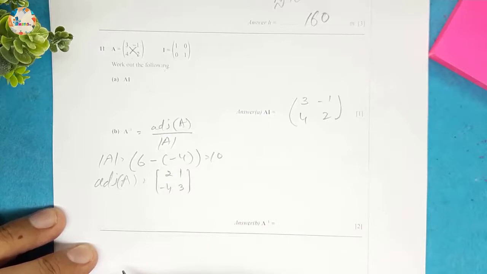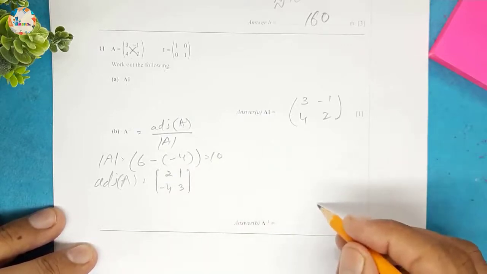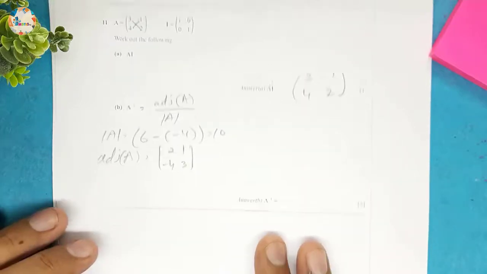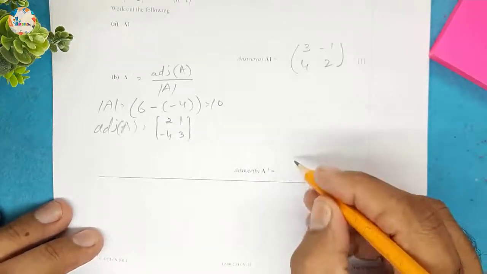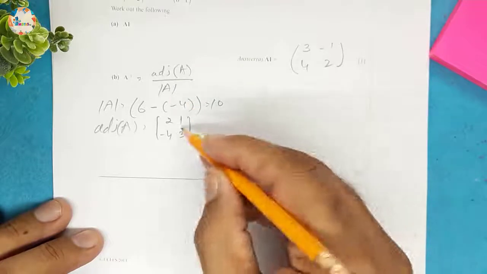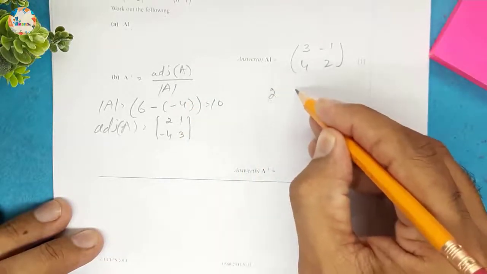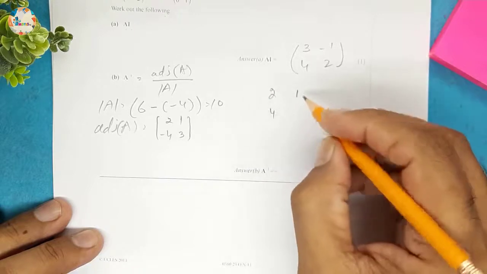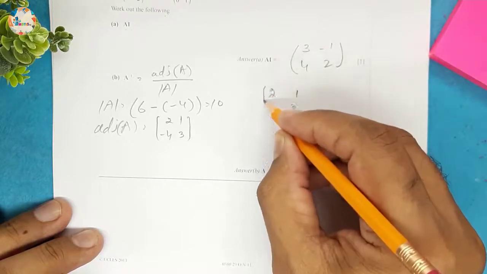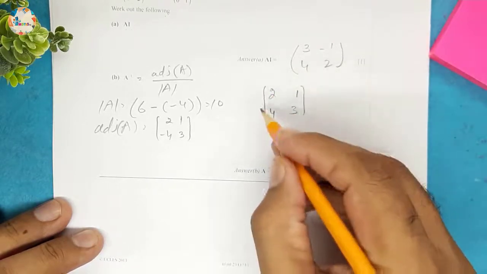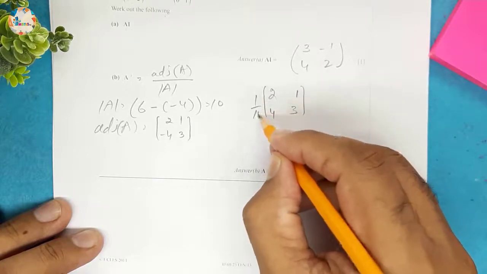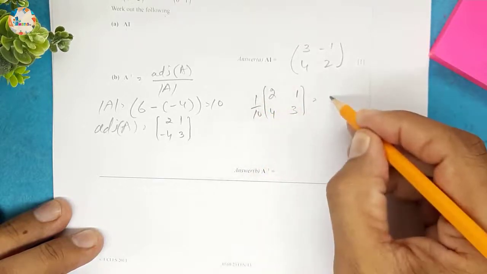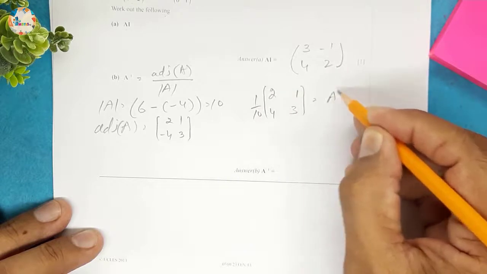And now we can write down the answer. The answer will be adjoint of A over A mod. Adjoint of A will be 2, 1 and 4, and here it should be 3, divided by 10, or 1 by 10. So this will be equal to A inverse.